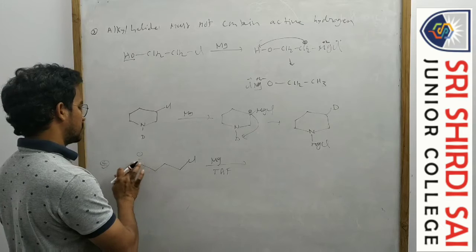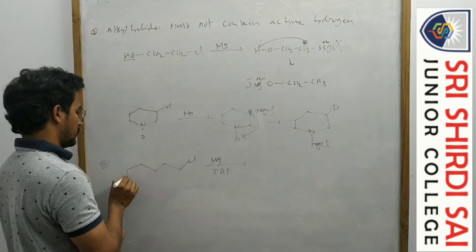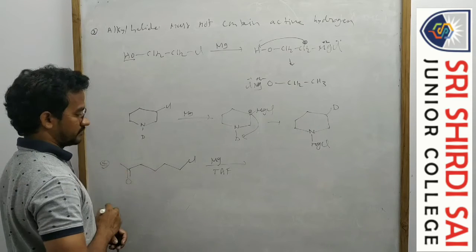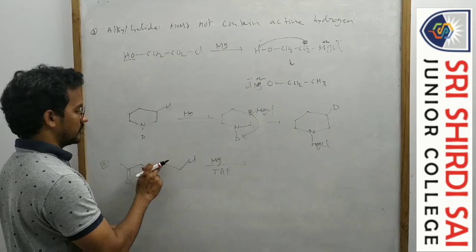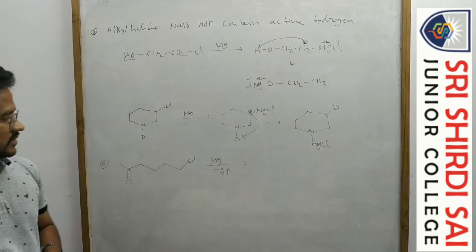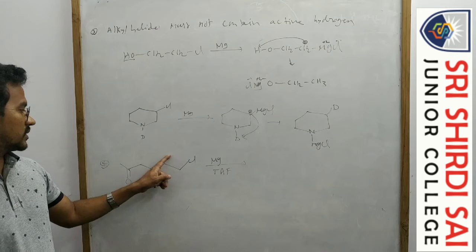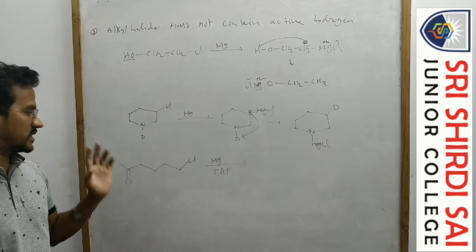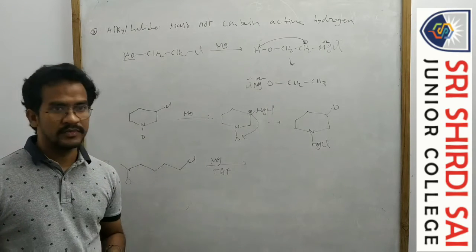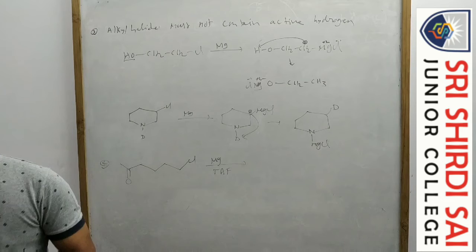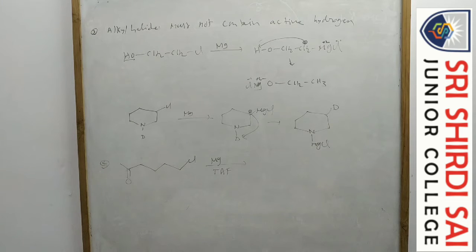So you can write the product for this: the double bond over here, 1, 2, 3, 4, 5, a five-membered ring. Yes, those are the limitations of the Grignard reagent.